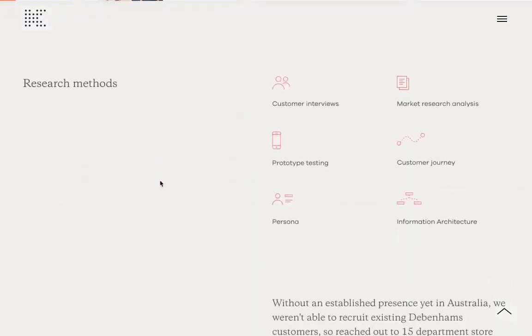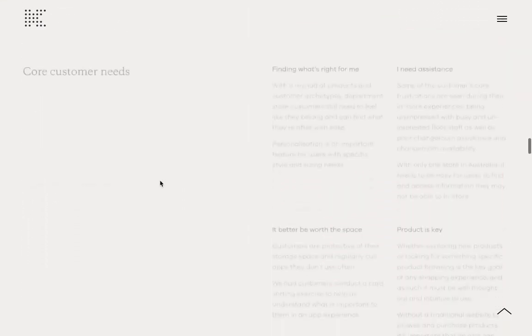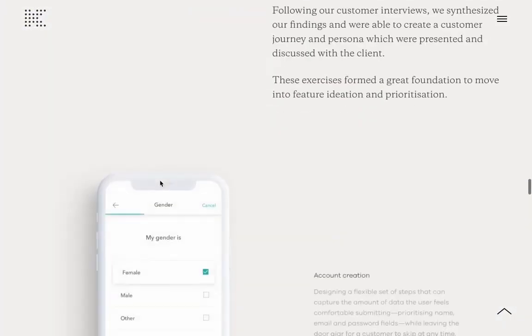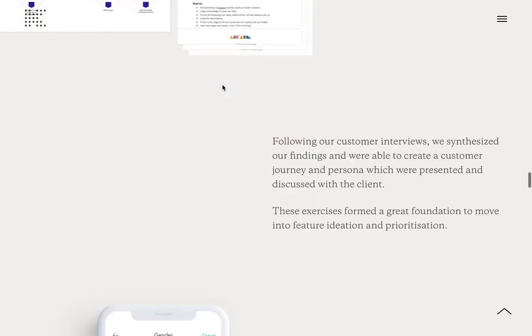Talking about this process, the research methods carried out, you can see customer interviews, prototyping, testing, customer journey, the different things he did while working on this. Then the core user needs, all of this is still from his research, just highlighting all of that. Then this talks about the process he designed.